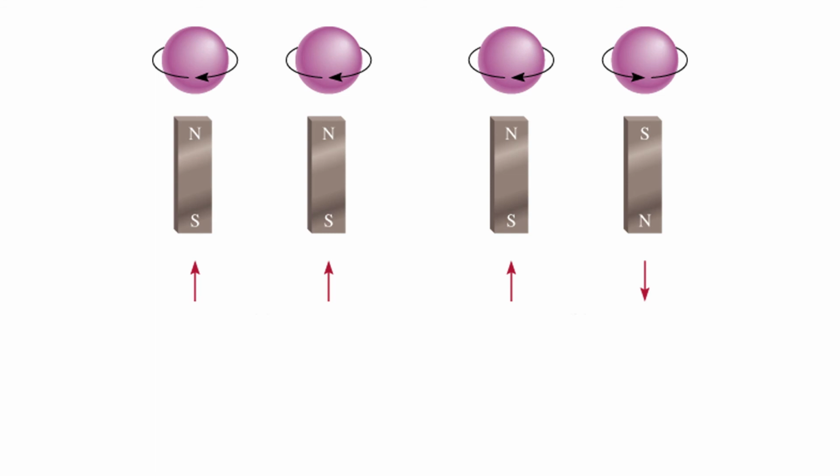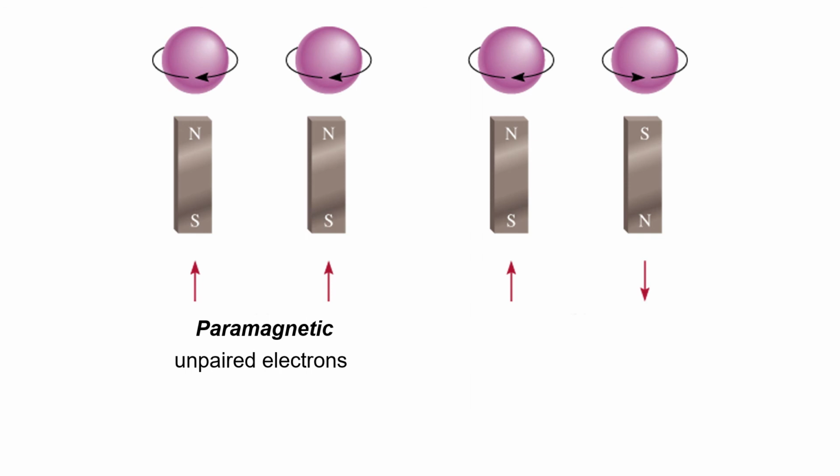So we can classify substances based on their magnetism. And the terms used describe their attraction or repulsion to a magnet.